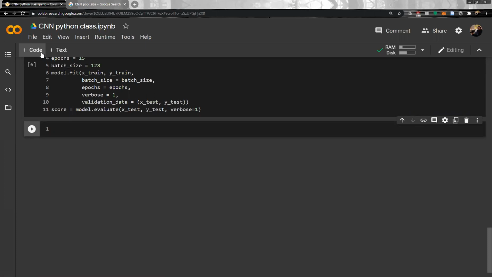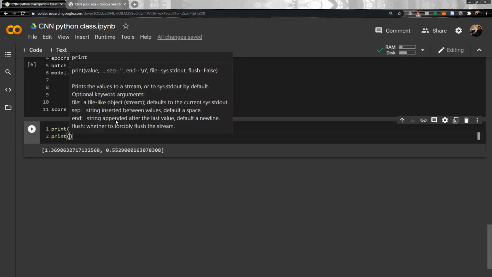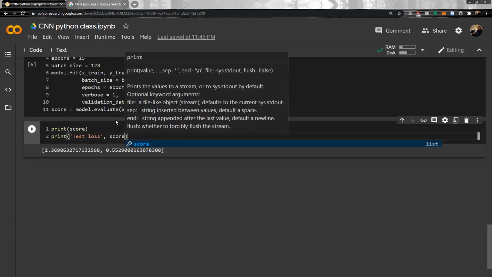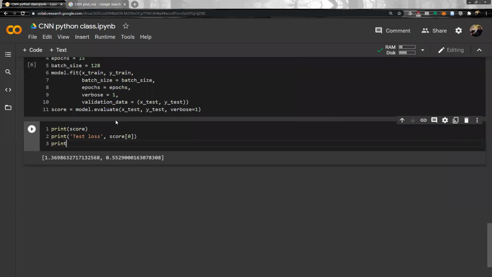So print score. If we print the score like this, but let me print the first one. First one is test loss, score[0], and then print score[1]. Next one is test accuracy. Accuracy on the test set.